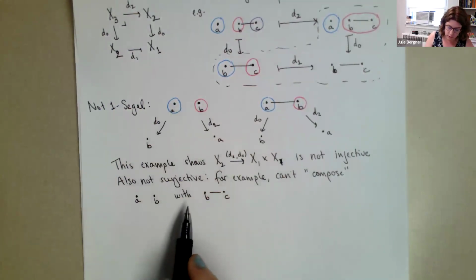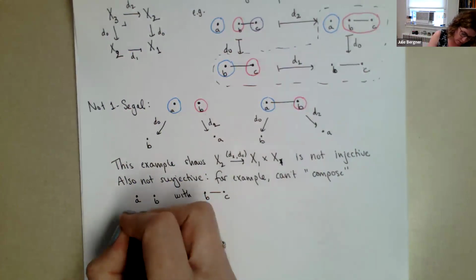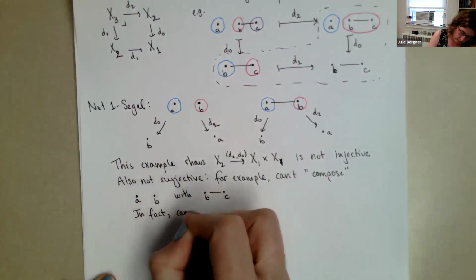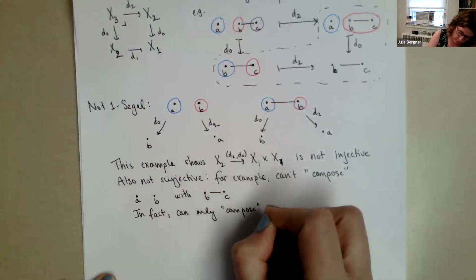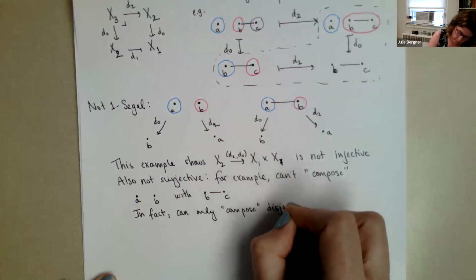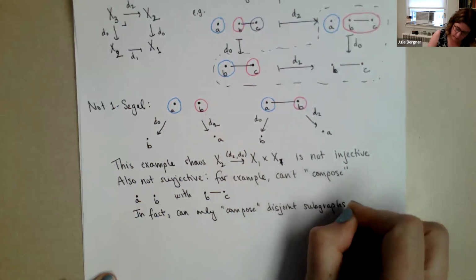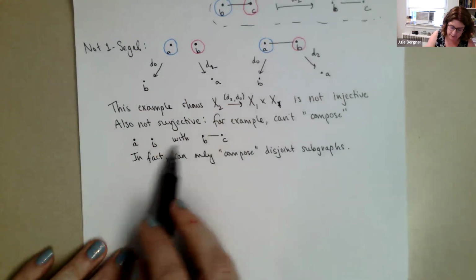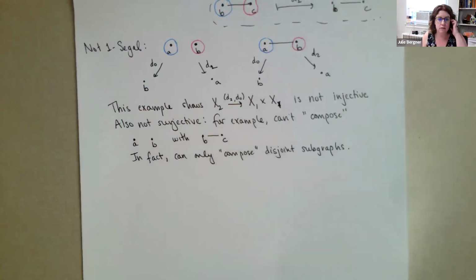So you can only compose subgraphs that are disjoint from each other. There would be no way to partition a graph because B would have to be in both sets in the partition, which is not possible.